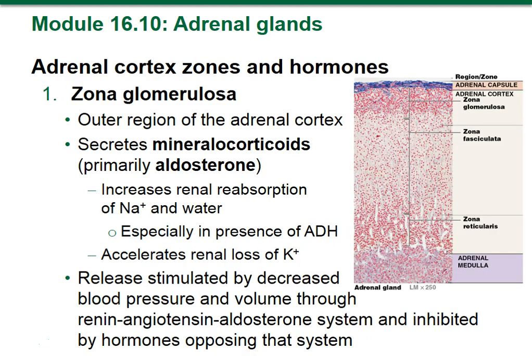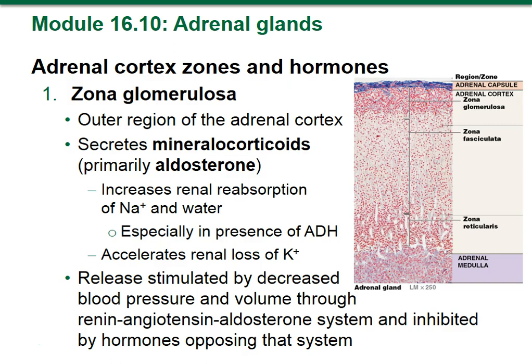If we look at a cross section of the adrenal gland in much more detail, and we move into the cortex and divide it up, the most outer layer of that cortex is the zona glomerulosa. It secretes mineral corticoids, and aldosterone is the one we talk about the most.